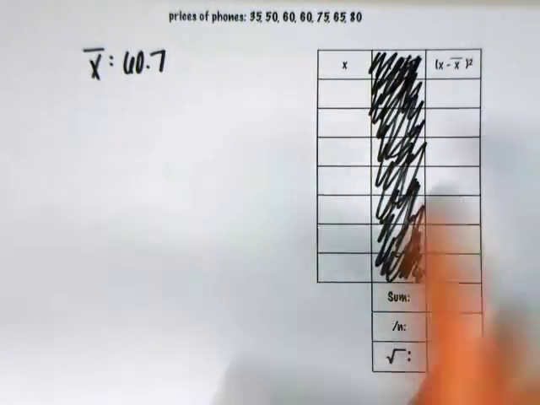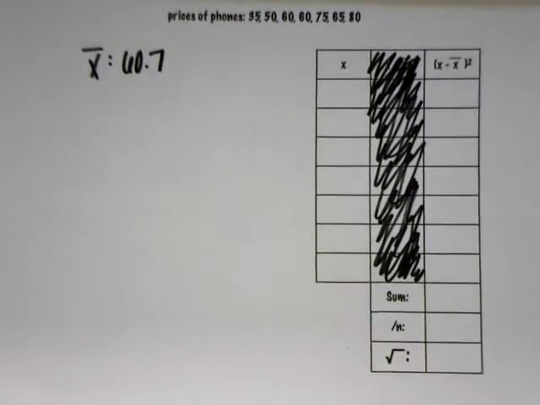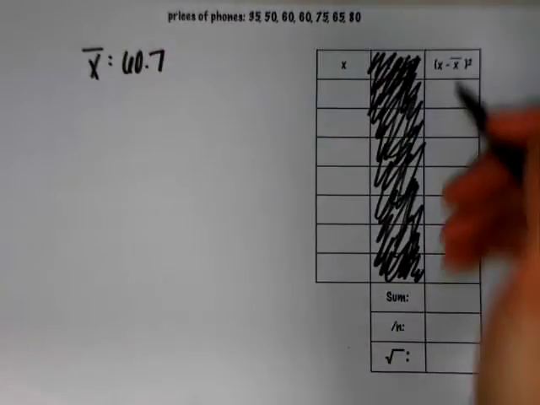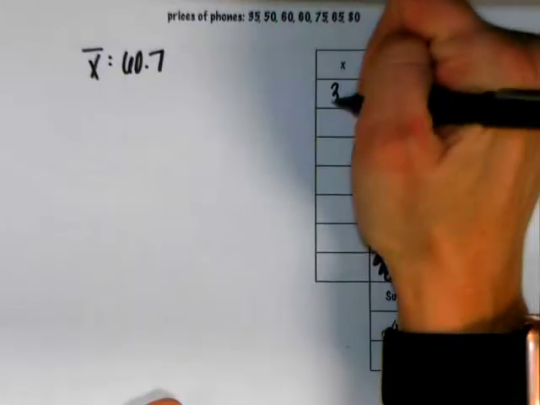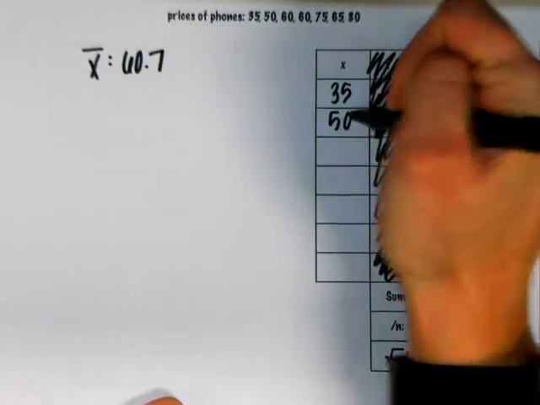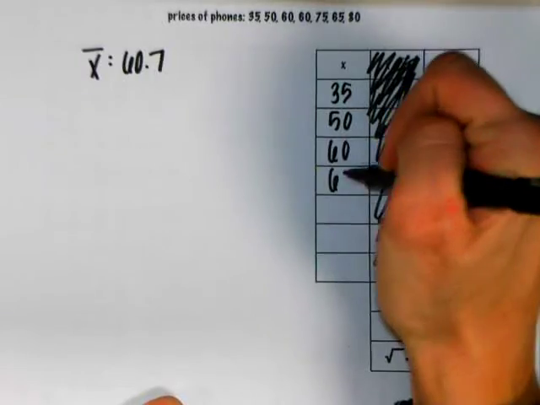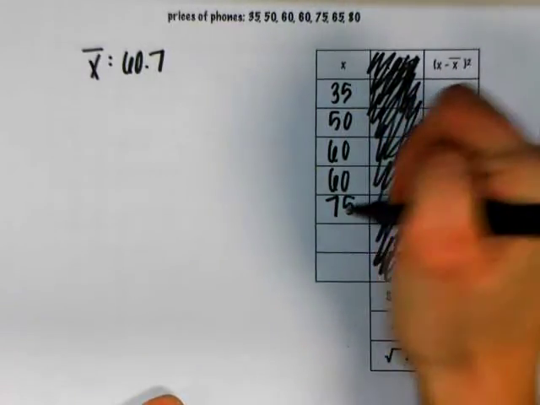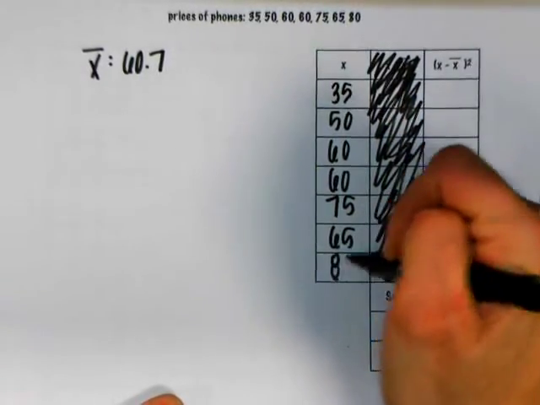We're just going to go straight here, okay? Okay, so write out all your data points. It doesn't have to be in order or anything, so just write them all out here. 35, 50, 60, 60, 75, 65, 80.